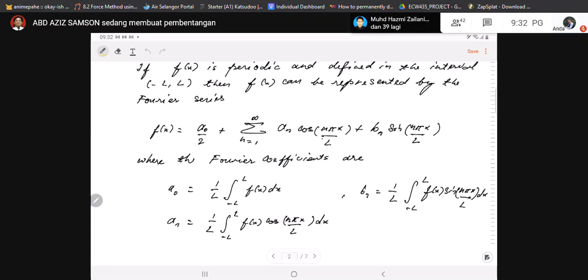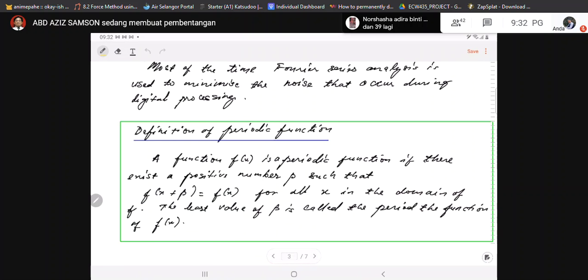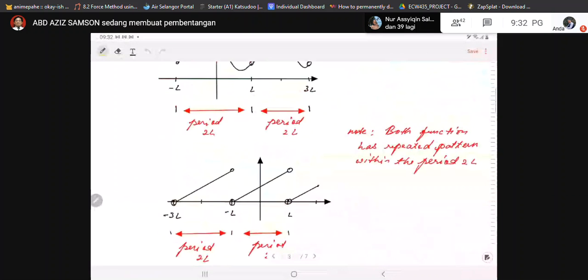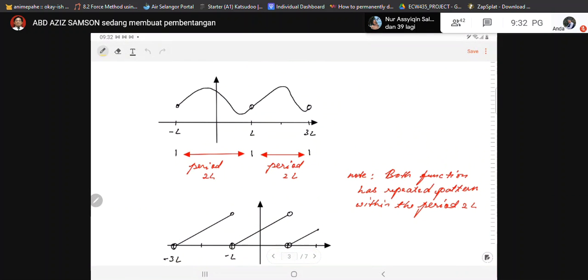Right, so what we have in this particular case is that when you have An, it's just a matter of using this formula to find the Fourier series. In these examples, I just put two examples of periodic functions.